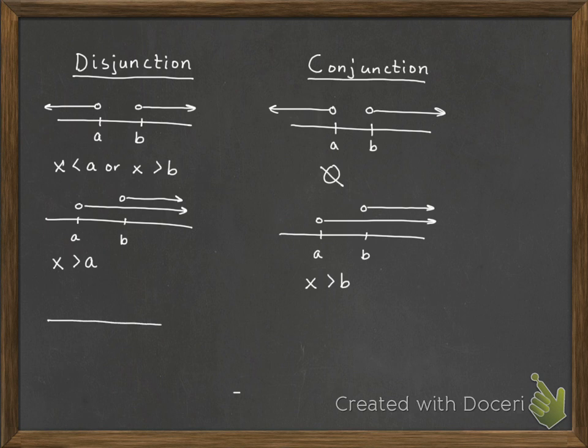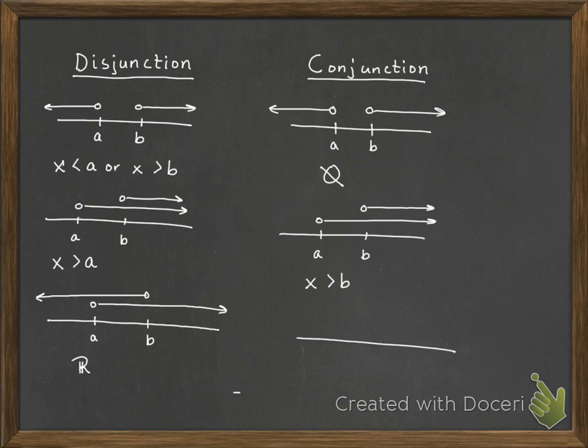The last disjunction, A and B, we would have A going to the right, say, and B going to the left. If this was a graph in a disjunction, the solution would be all real numbers.